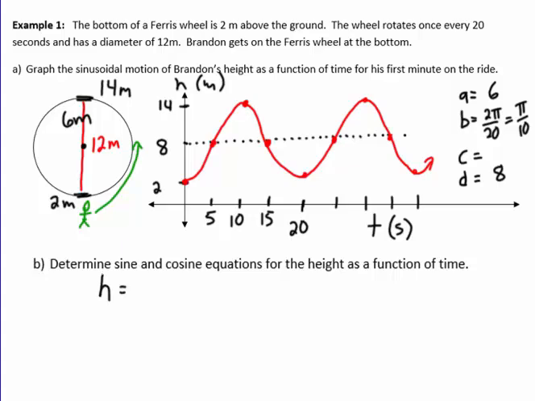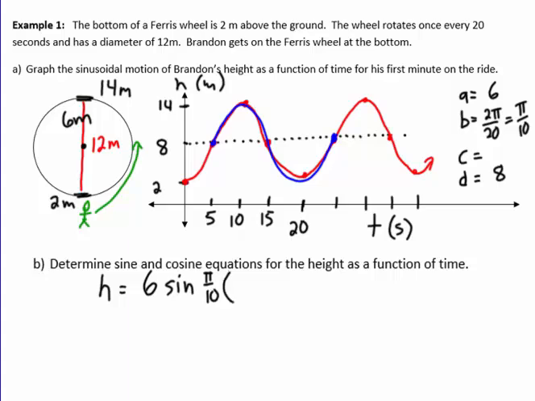So if we wanted to write an equation for the height as a function of time in terms of sine, well, the sine graph that we're going to concern ourselves with, we'll start right here and look at a sketch of this graph. There's the graph that has been translated. And that graph will give us the phase shift. So 6 is the amplitude, sine, our b value, pi over 10.